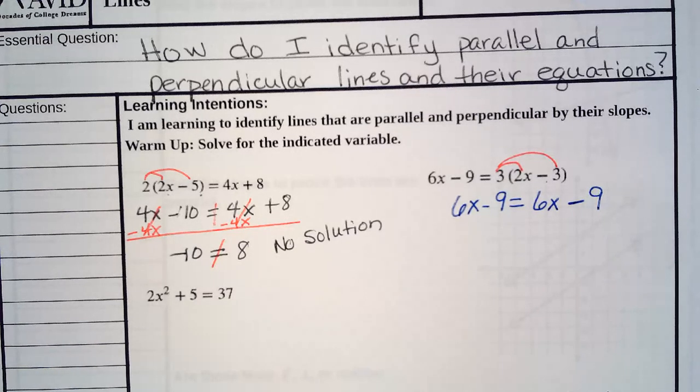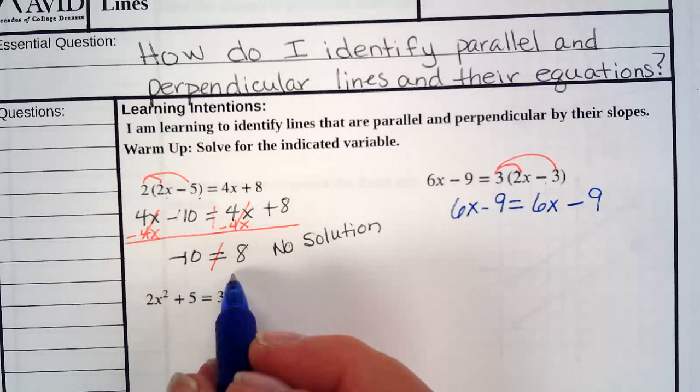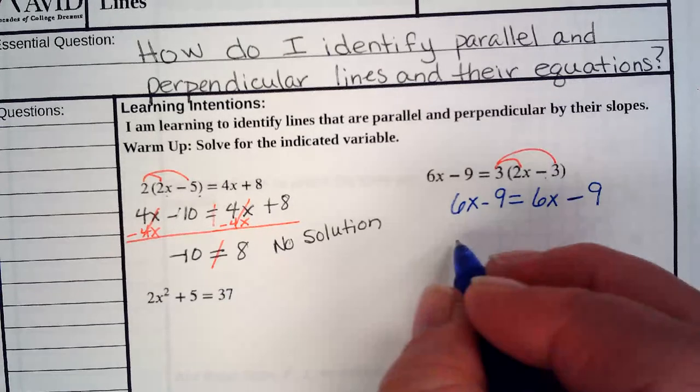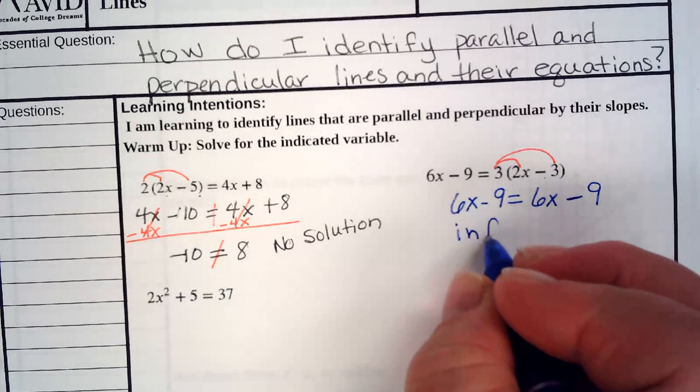What do you notice? Well, you notice that both sides of the equal sign are exactly the same. Where this never makes sense, this always makes sense. So this is an infinite number of solutions.